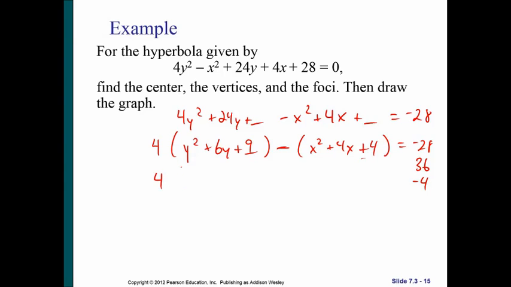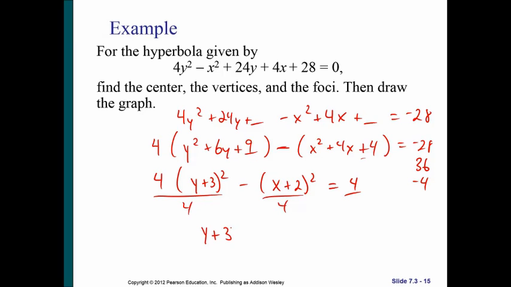So we'll get 4 times y plus 3 squared minus x plus 2 squared equals positive 4. Divide everything by 4. Y plus 3 squared over 1 minus x plus 2 squared over 4 equals 1.